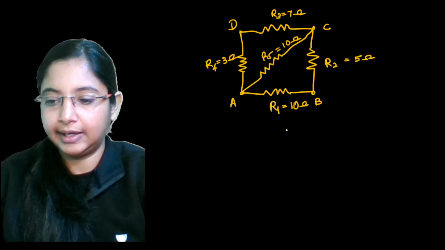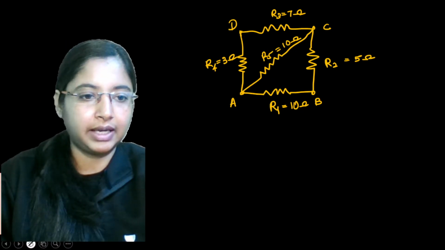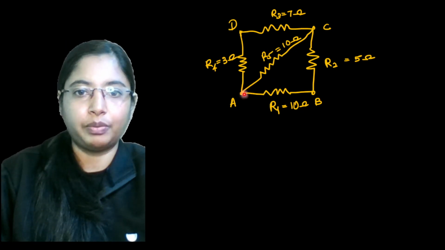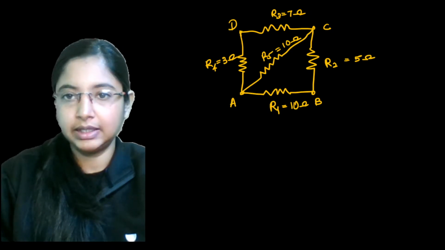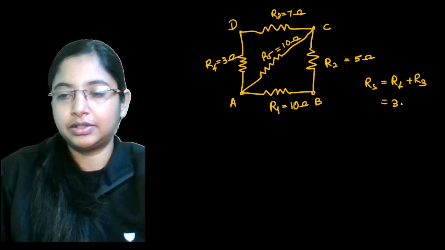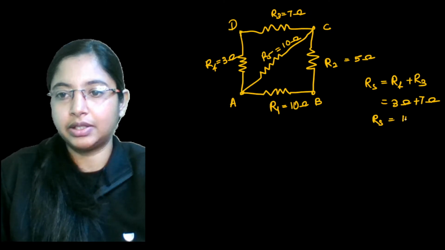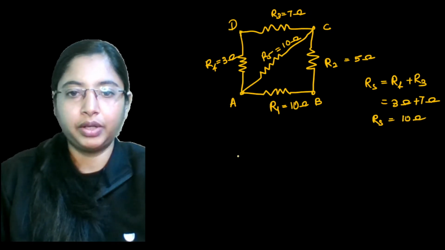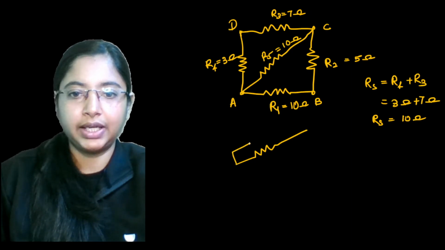Now, these two resistors are in series combination. R4 and R3 are in series, that is 3 ohms plus 7 ohms. So Rs is around 10 ohms. Now, this particular resistor, you can connect it across to an equivalent resistor.